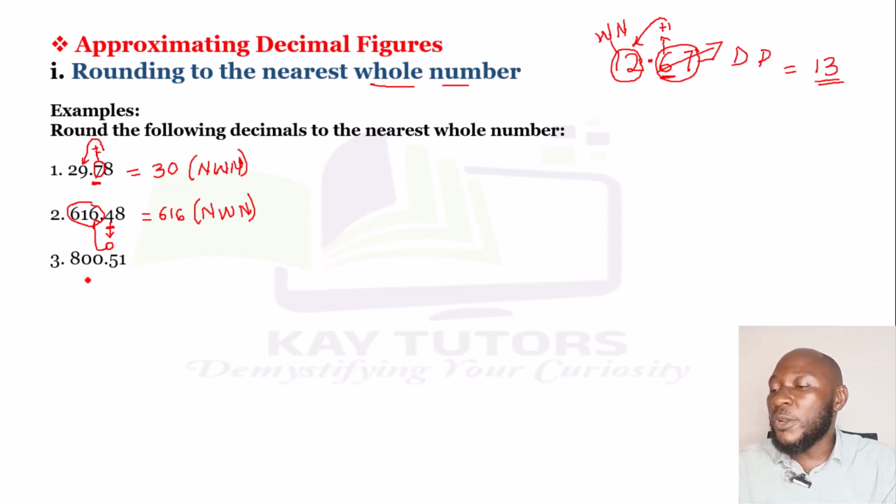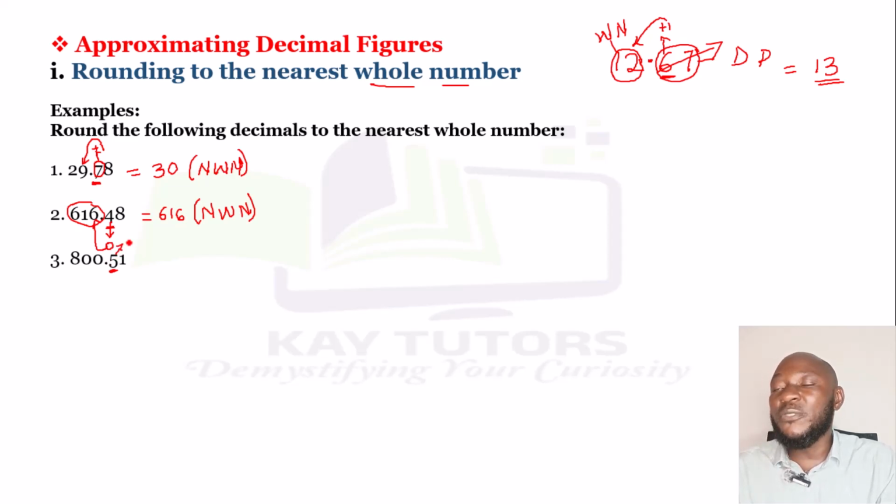Now the last one here, number 3, is: round 800.51 to the nearest whole number. So again, we are carrying out our judgment on the tenth place. And what is the number on the tenth place there? This is 5.